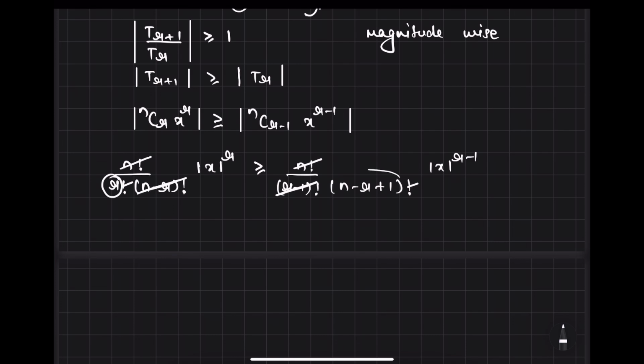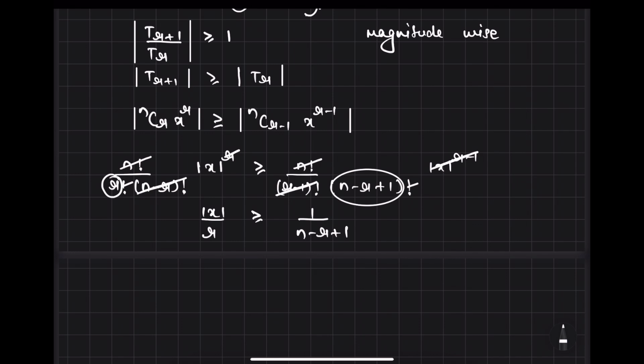Now I want to divide both sides by |x|^(r-1), so that is neutralized. So we have |x|/r greater than or equal to 1/(n-r+1). Comfortable?